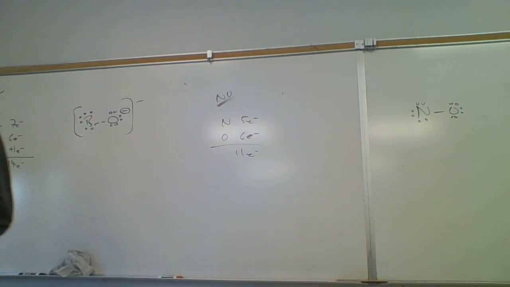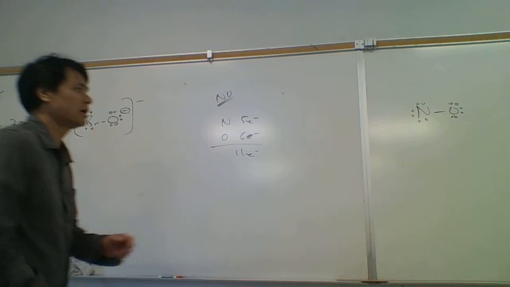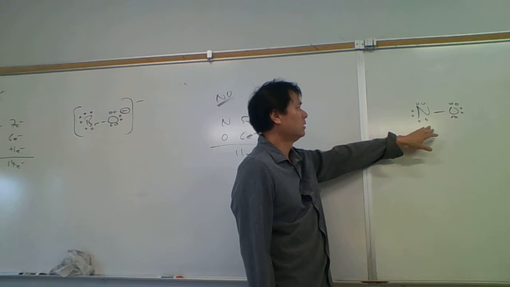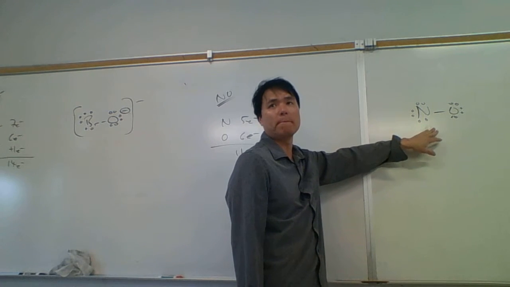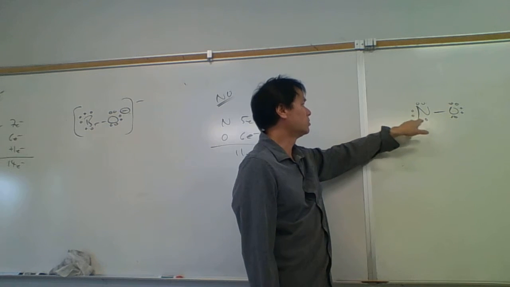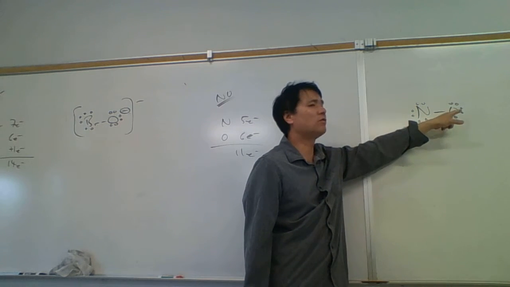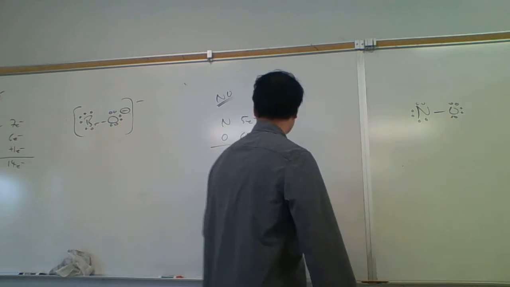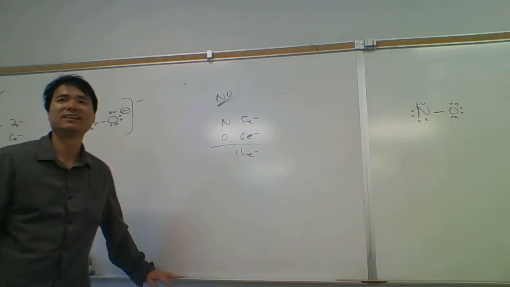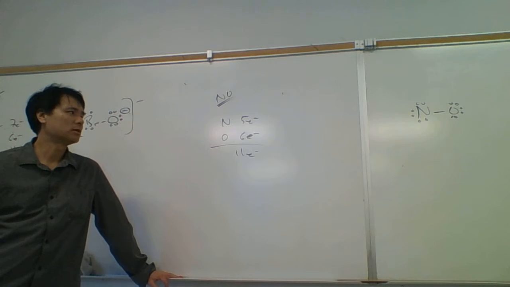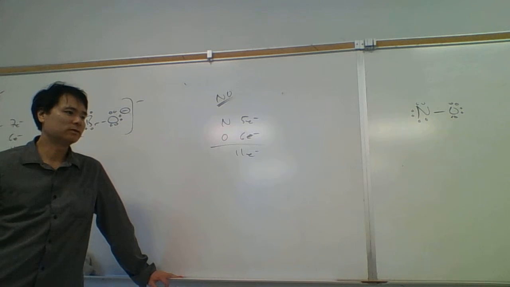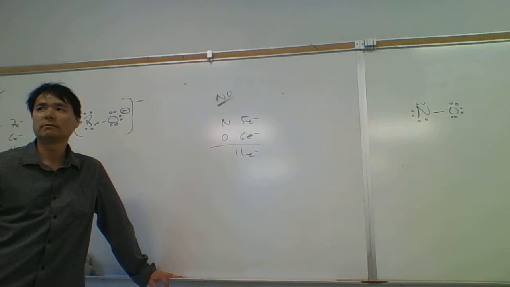Except now let's do the electron count. If we do electron count in this structure, what do we find? How many electrons do we have here? We got 2, 4, 6, 8, 10, 12, 14 electrons. But how many electrons do I have? I have 11 electrons. And so that means I'm going to have to remove electrons. I have 3 electrons I need to remove. So who should I remove them from?